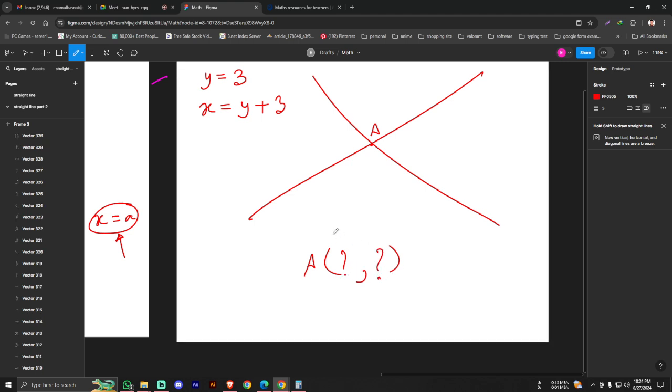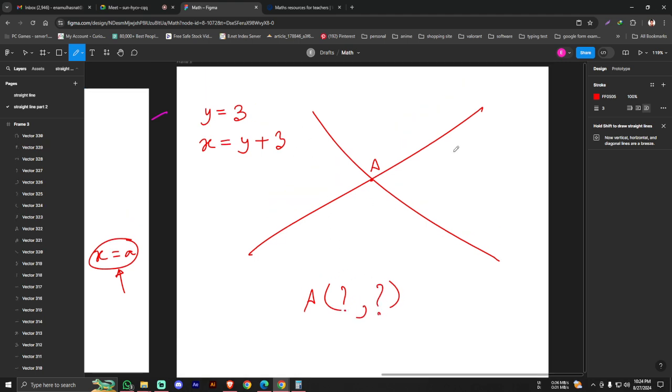Do some examples and you'll understand. Do these examples at home and see if you can find the intersecting point a here. Take a screenshot or something.